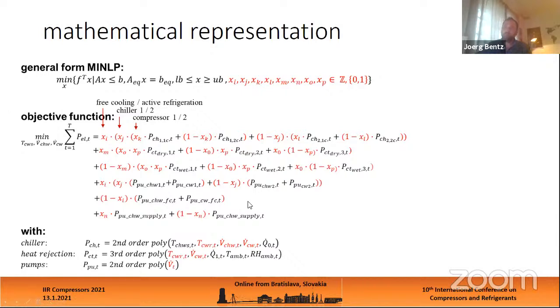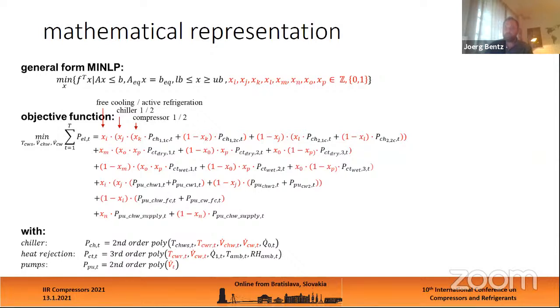This leads us to the generalized objective function, which is the minimization of the total electricity demand consumption. This electrical consumption is represented by these polynomials. Each component has its own polynomial, and if you want some details, you can see them here.